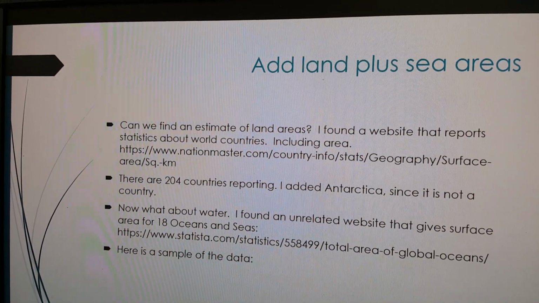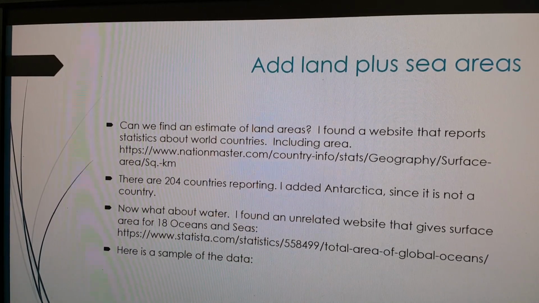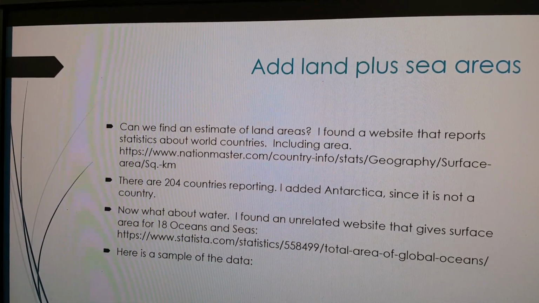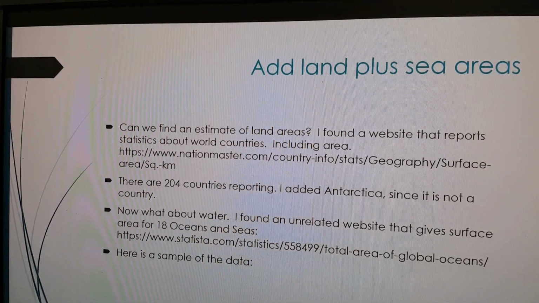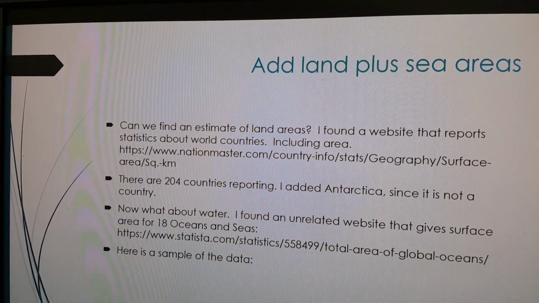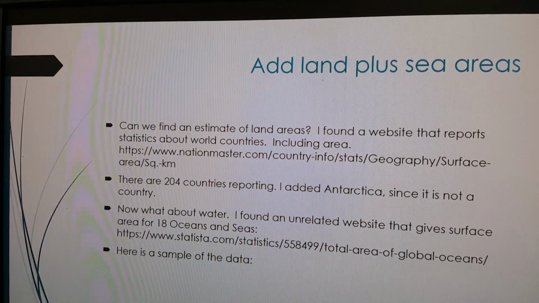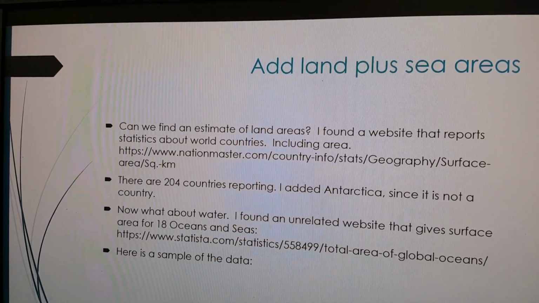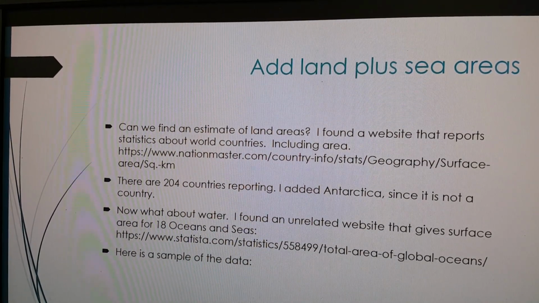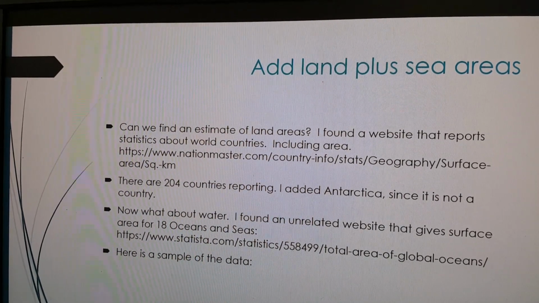I can include that if you're interested. That website has 204 countries reporting, all the way down to 2 square miles, so it's pretty accurate. I added in Antarctica because it's not a country, so I added in an amount for Antarctica. Okay, so that takes care of the land mass.